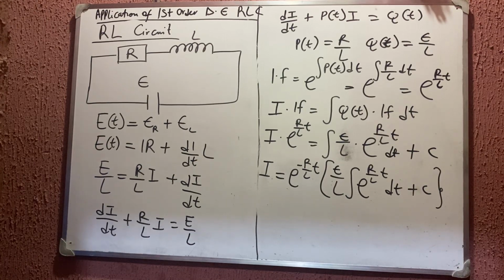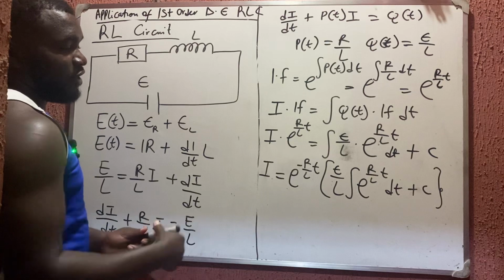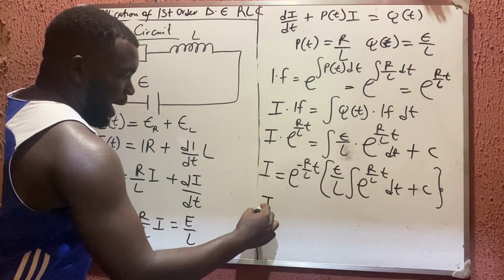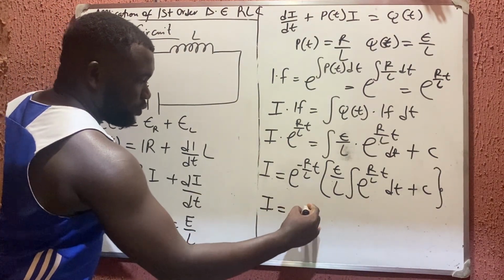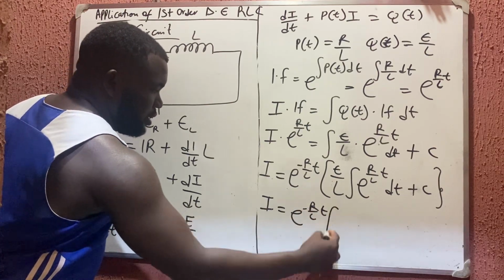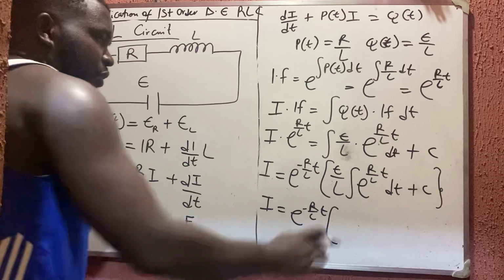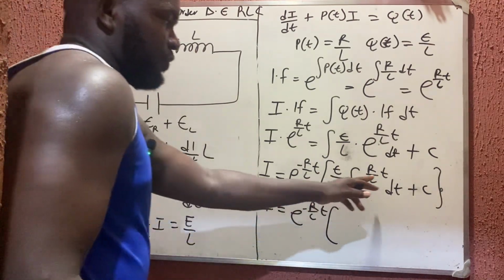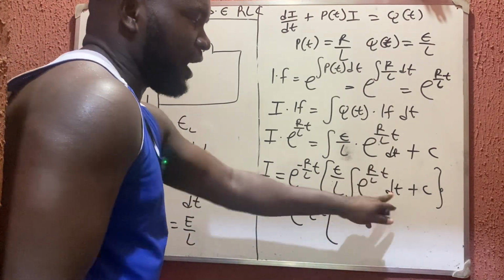But if I decide to continue solving, you see that your I here is equal to what? E raised to power minus R over L t into the integral of this thing, which is simply differentiate this place and use it to divide everybody.